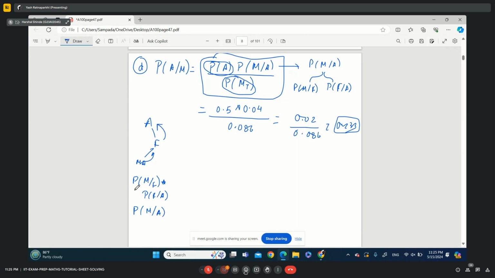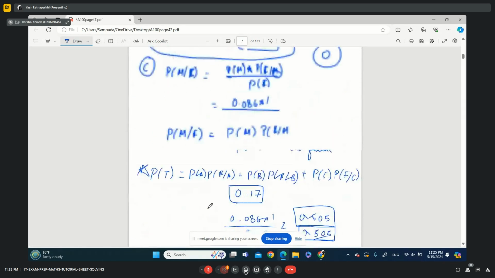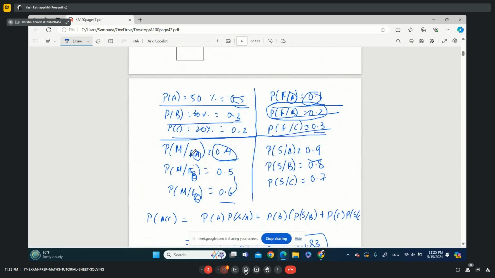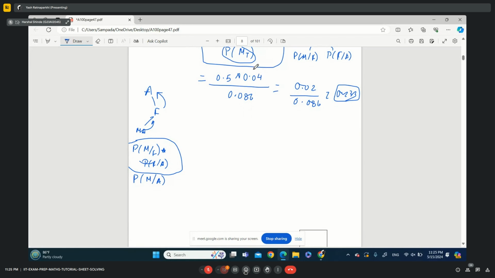Correct? Is it clear to you? We have these values. Marginal given failure, we have 0.4, and failure with respect to A, we have 0.1. So 0.4 into 0.1 is 0.04. Got it? Got this value? Everyone, clear to all?